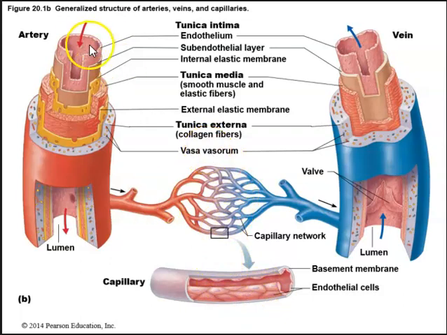So here we see arteries usually carrying oxygenated blood away from the heart to the rest of the system, and then down to the capillary level where we'll have gas exchange, and then deoxygenated blood goes into the venules, and then into the veins to carry deoxygenated, or carbon dioxide rich, blood back to the heart.